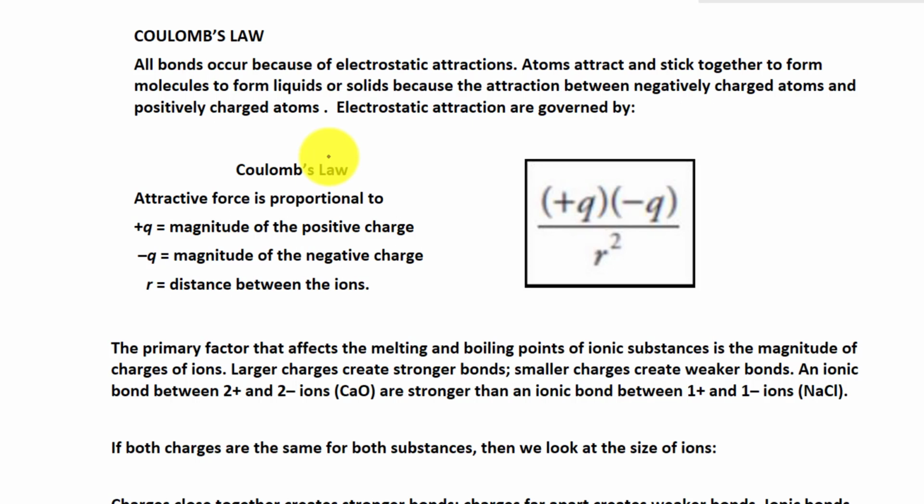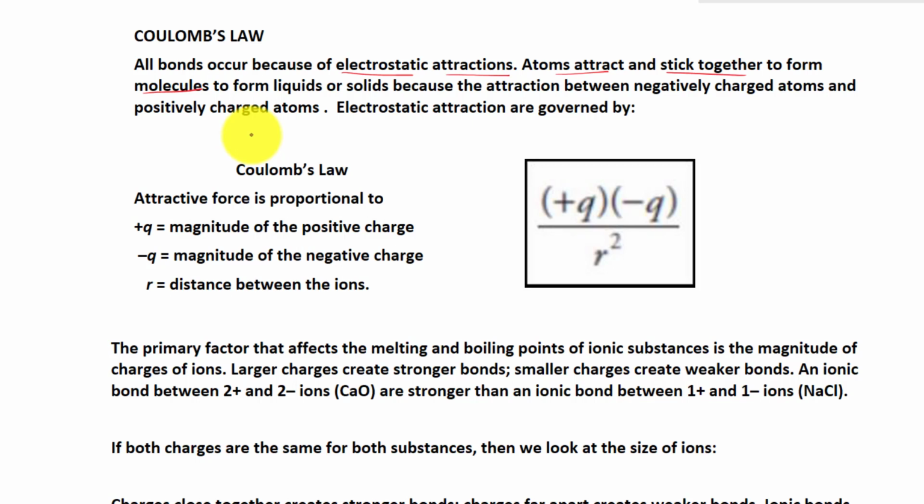And in any compound, all the bonds in that compound occur because of electrostatic attractions. Because of electrostatic attraction, atoms attract and stick together as a compound to form molecules, which is another fancy term for compound to some extent.